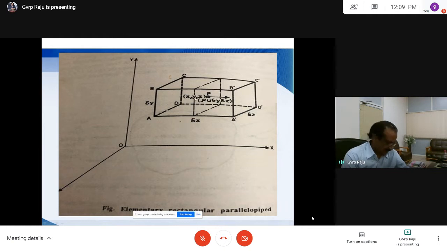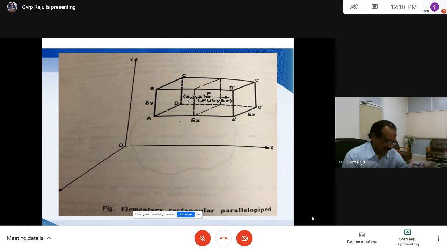So the mass inflow through face ABCD is the mass per second at the center, rho u dy dz, with a negative sign for the change of mass with respect to distance: minus d by dx of rho u dy dz. Why minus?